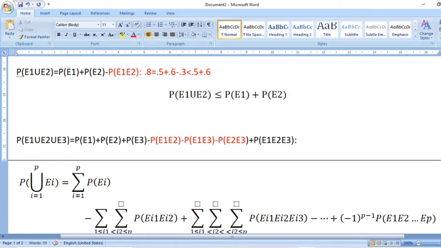And now look at this example. Suppose this point H can be written as 0.5 plus 0.6 plus 0.7 minus 0.4 minus 0.5 minus 0.1 plus, I don't know.